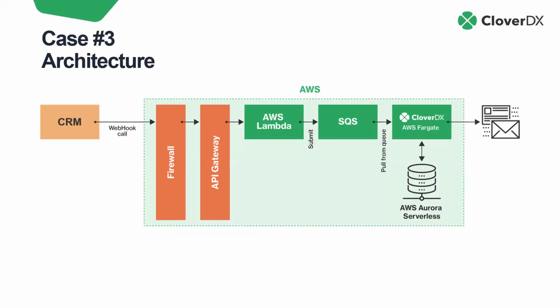The CRM, cloud-based, makes some webhook style API call into us when something changes that needs to be transmitted. That call goes through the firewall to an API gateway service. The gateway spins up an Amazon Lambda function that acknowledges the CRM's call, accepts the payload, and puts it on an SQS event queue.